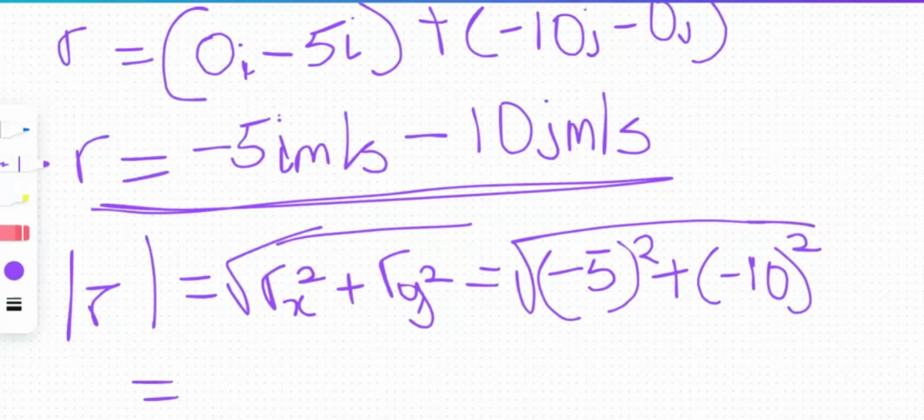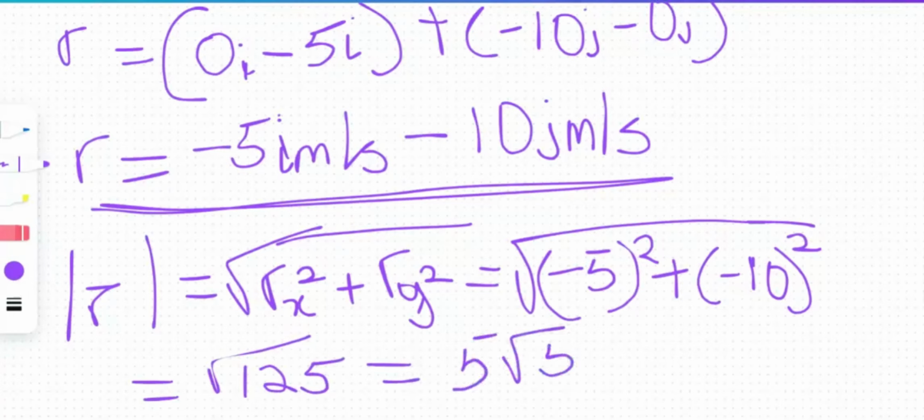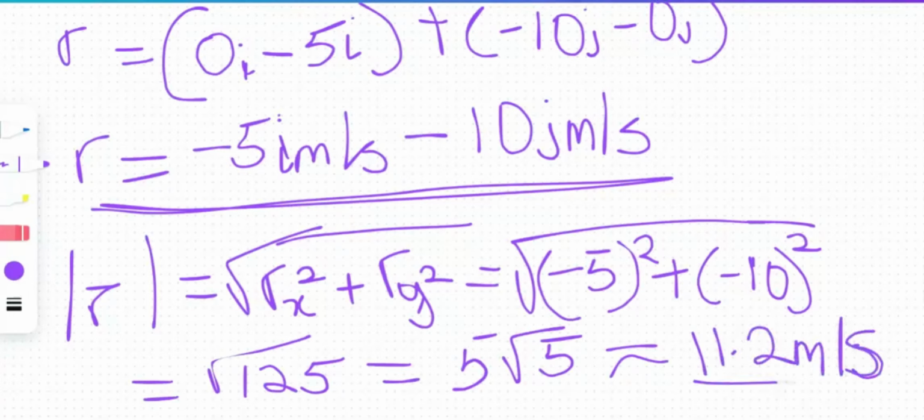Therefore, which is equal to what? This will give us 125, and that is 5 root 5. It is approximately 11.2 meters per second. That is the magnitude of the relative vector.